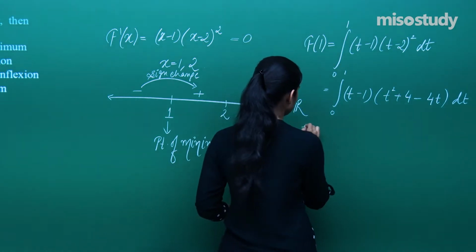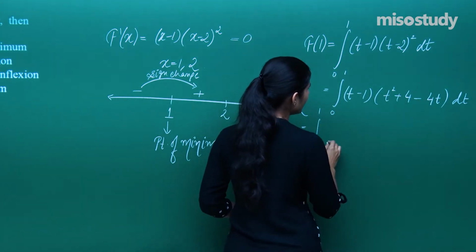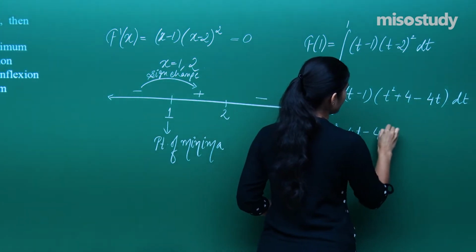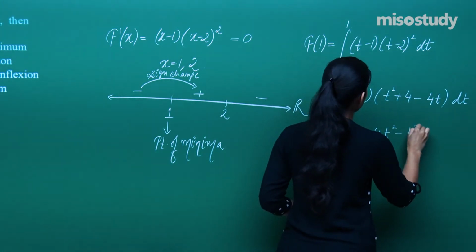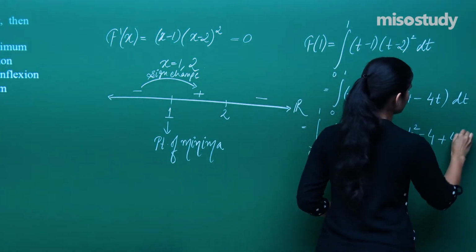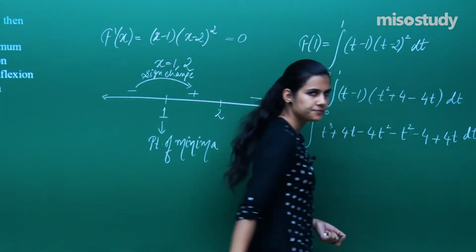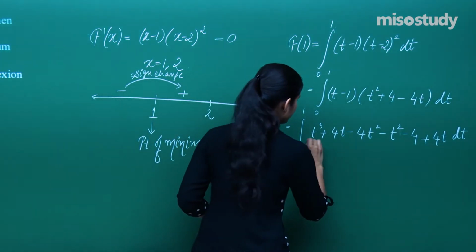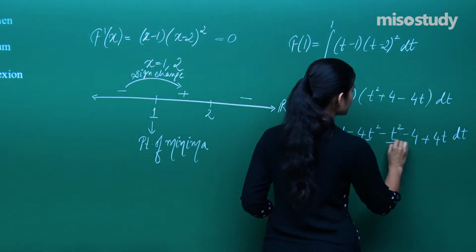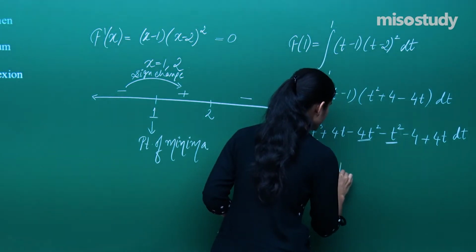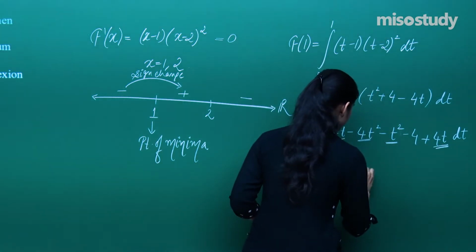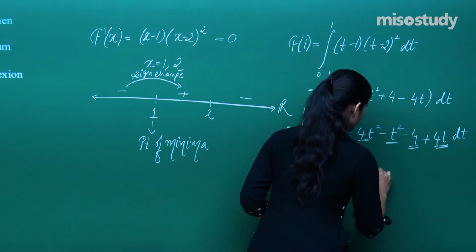Fine. This eventually gives you integral 0 to 1 of t cube plus 4t minus 4t square minus t square minus 4 plus 4t dt. So you have t cube, then you have minus 4t square minus t square, so it is minus 5t square. Then you have 4t plus 4t, that is 8t minus 4.